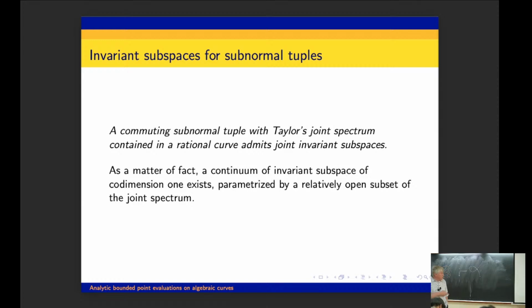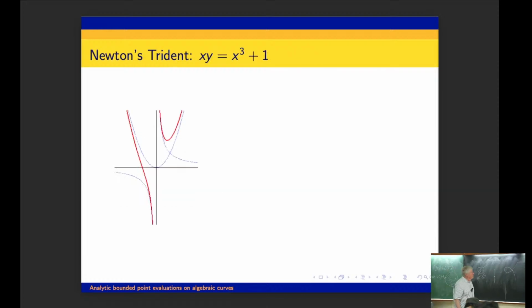In particular, this shows, again, for the operator theorists here, that if you have a commuting subnormal tuple with a joint spectrum on a rational curve, it always admits invariant subspaces. So this is a byproduct. Just for your fun.